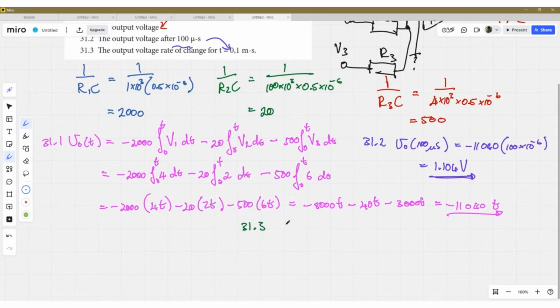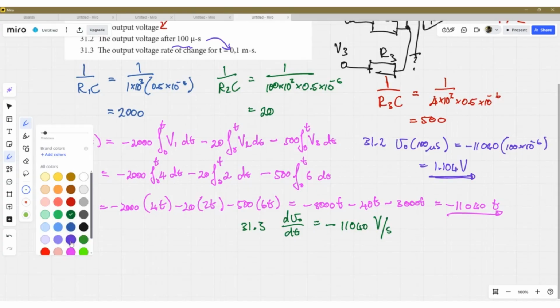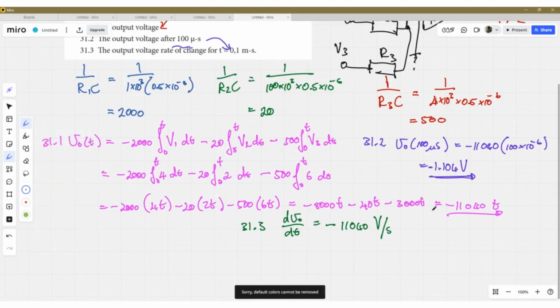If you differentiate this, your rate of change is going to stay the same, doesn't matter what your time is. So this is then just going to be minus 11,040, but not volts, but volts per second. Oh yeah, I forgot, that is actually a negative value, so don't forget that.